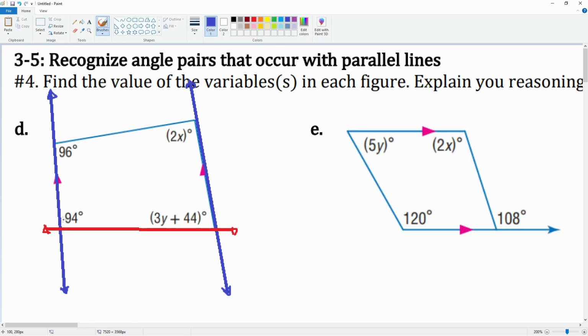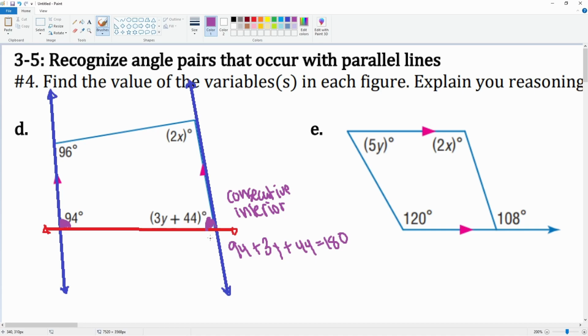All right. So notice this angle here is on the inside of those parallel lines. So it's right here. And notice that this is also on the inside. Well, this is now going to be called consecutive interior angles. That means that your 94 plus 3y plus 44 is equal to 180. So let's combine some like terms here.